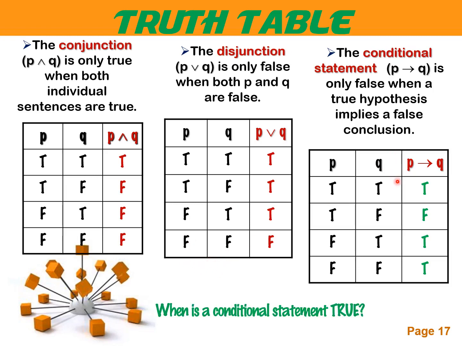And for the conditional statement, it is only false if the hypothesis is true and the conclusion is false. So this will be your guide in determining whether the statements are true or false.